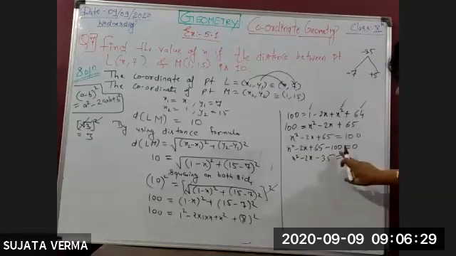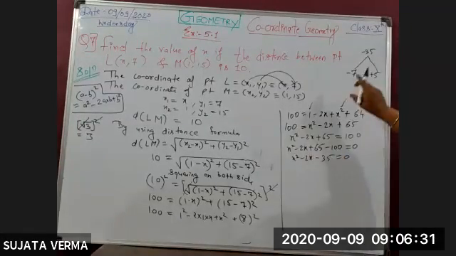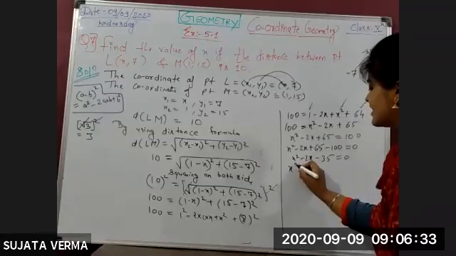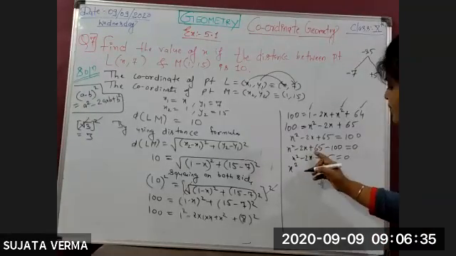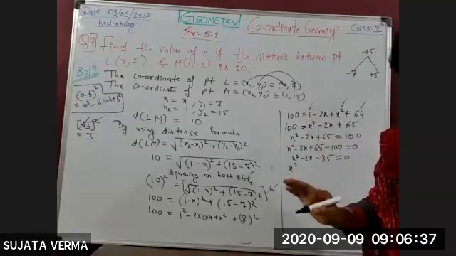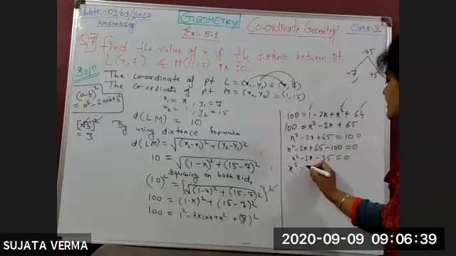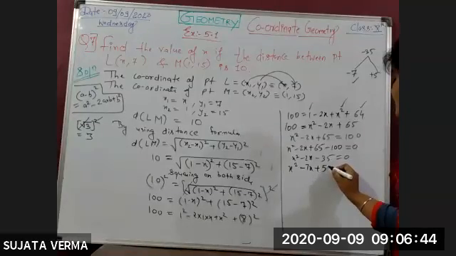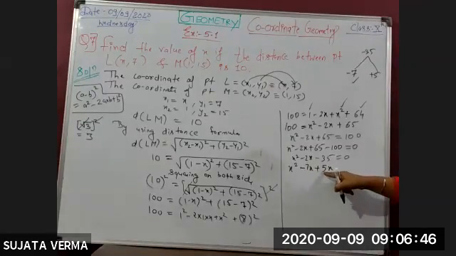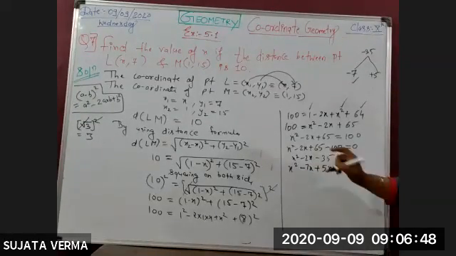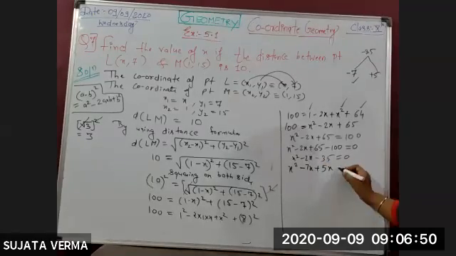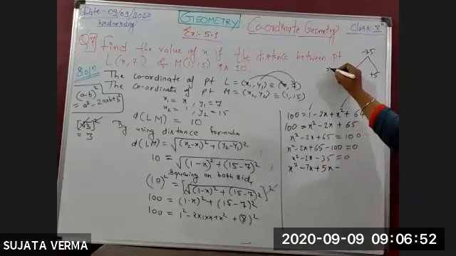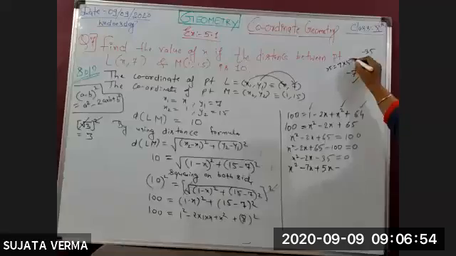Then when we solve this quadratic equation, we will get the factors. x square as it is. In place of minus 2x, we write minus 7x plus 5x. Clear? Minus 7x plus 5x is equal to minus 2x. And we write 35 is equal to 7 into 5.